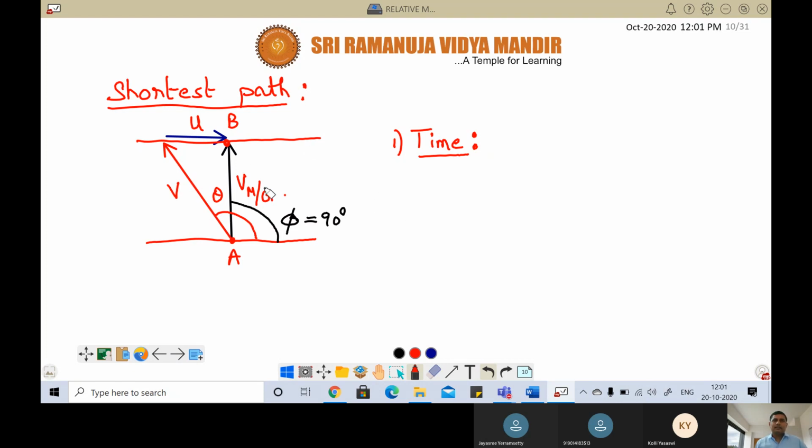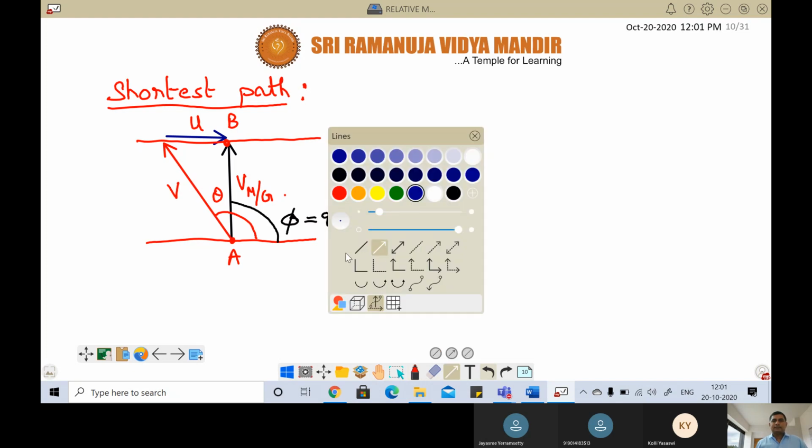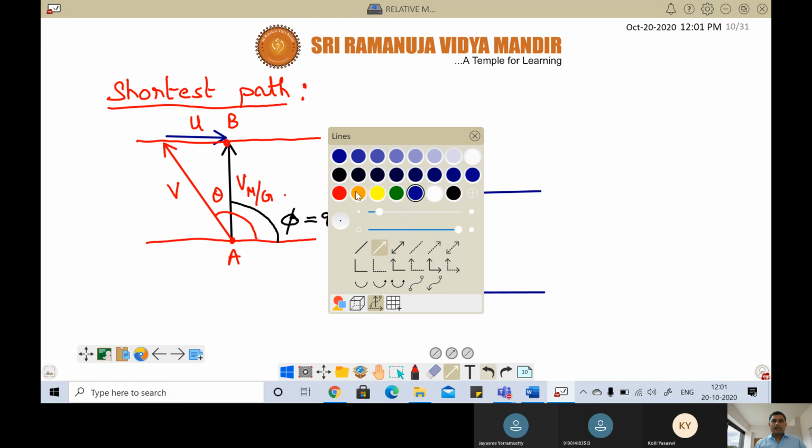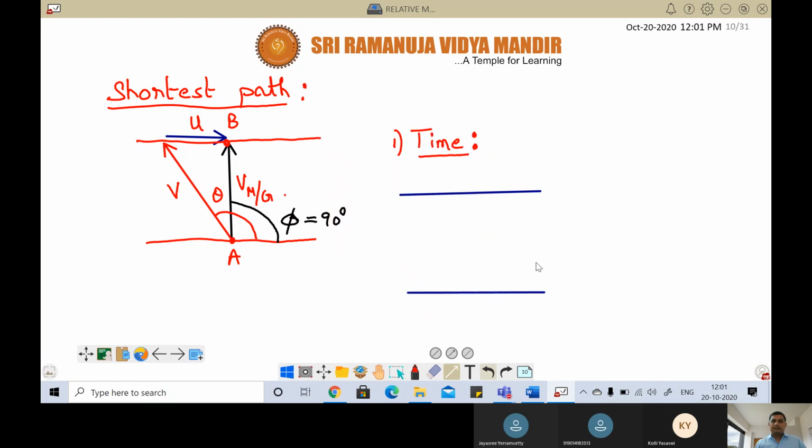Now here, if you see carefully, first diagram I am drawing. First I'll take the velocity of man with respect to river, a red vector like this.